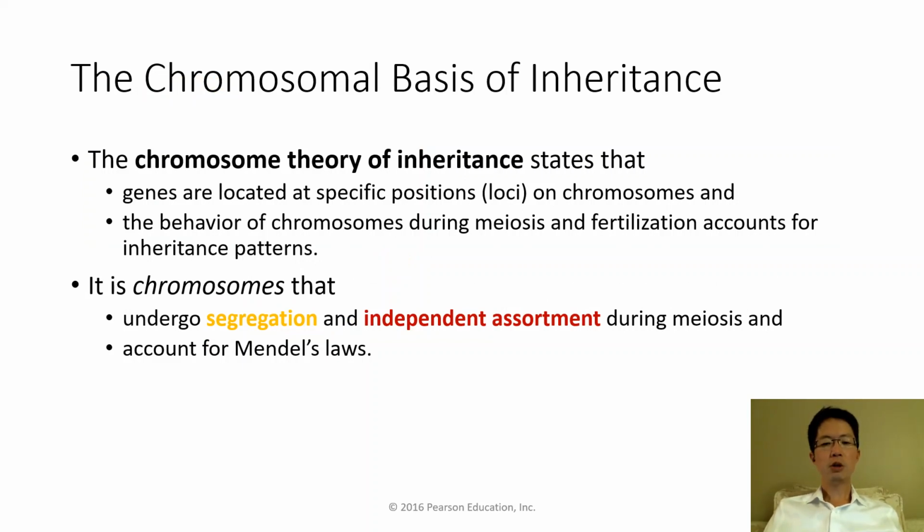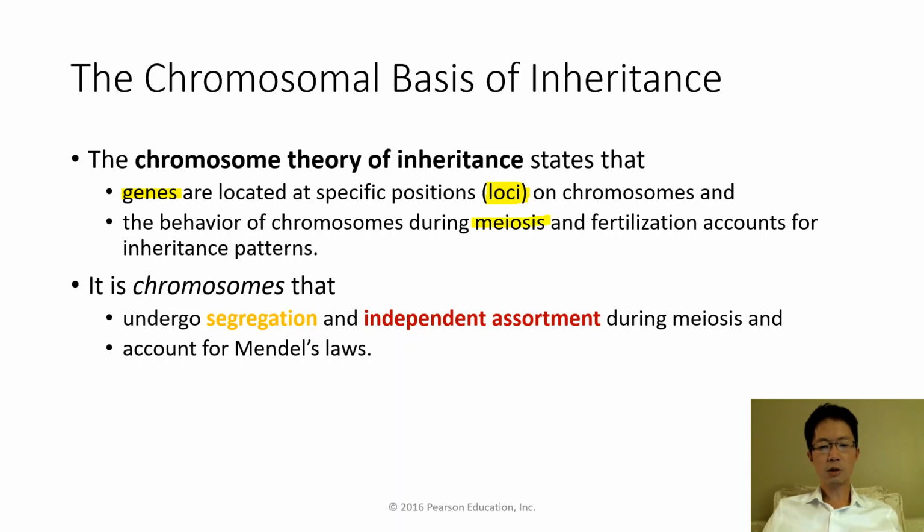So we want to go back to what we briefly talked about, segregation and independent assortment. It has something to do with our chromosomes. As I mentioned before, genes are located at specific locations. We call them loci. Loci is the plural, locus is the singular. That means a specific location on the chromosome.